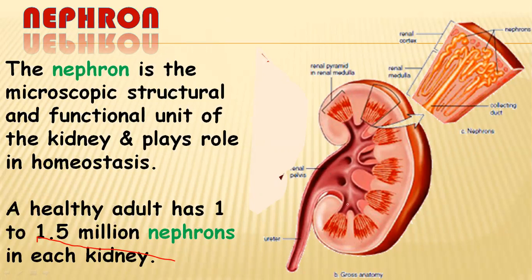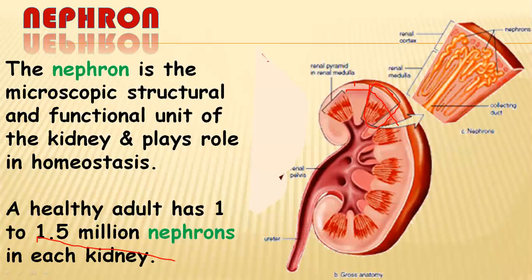If you see in this kidney, this is the whole part of the renal pyramid, that is the renal cortex, the outer one, and the inner one as well. So this nephron starts from the cortex and leads towards the medulla. Outer is cortex and inner part is medulla.